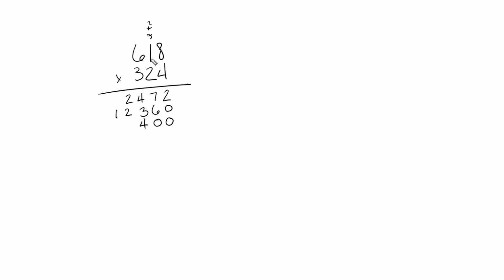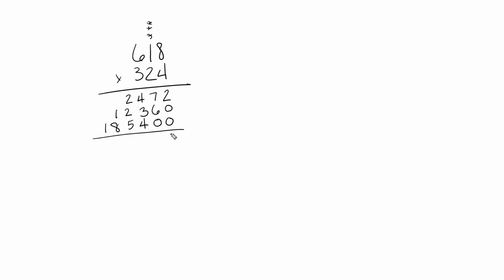Now we multiply 3 times 1, which is 3, and add our carried 2. 3 plus 2 equals 5, so we write that in the product row. 3 times 6 equals 18, and that goes in front of what's already there in the product row. We found that 618 times 300 equals 185,400.